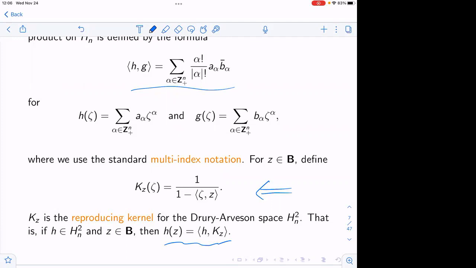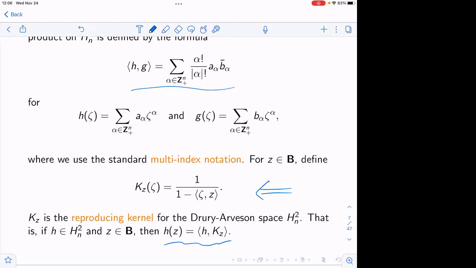As Ken Davidson mentioned yesterday, I think Arveson was the first one to actually write down such a formula. He was the first one to recognize that the space that we now call the Drury-Arveson space is actually a reproducing kernel space. This actually makes a huge difference.